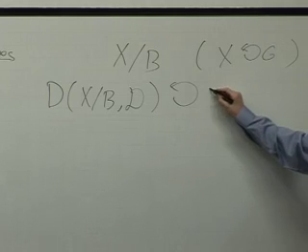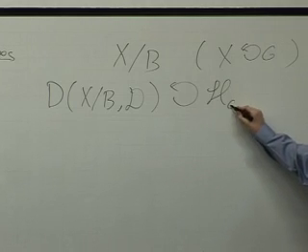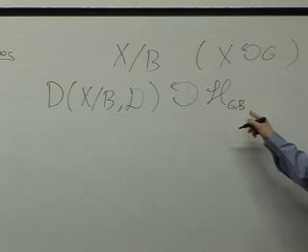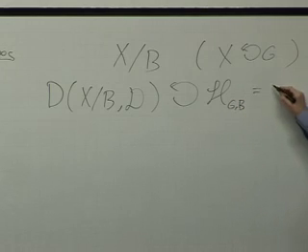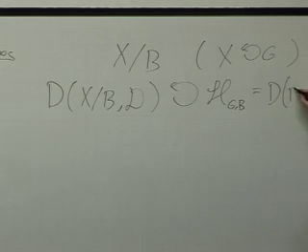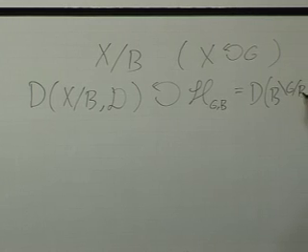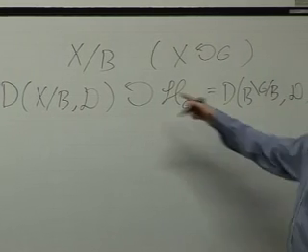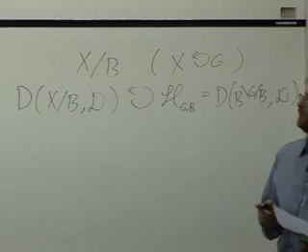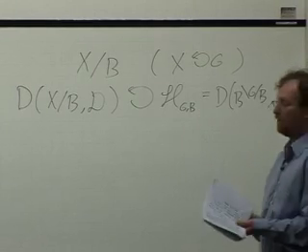And what's the Hecke algebra? The Hecke algebra for G and B is exactly D-modules on double cosets. This is the algebra, and it acts on these categories. So that's the same Hecke GB that appears on the other board.